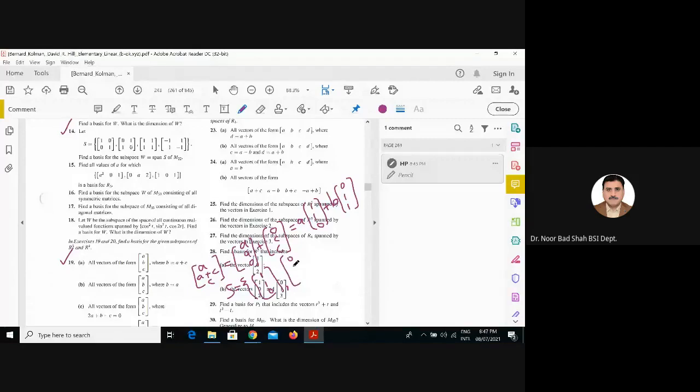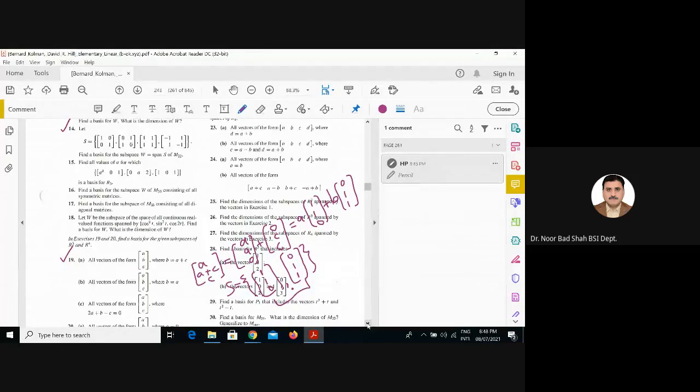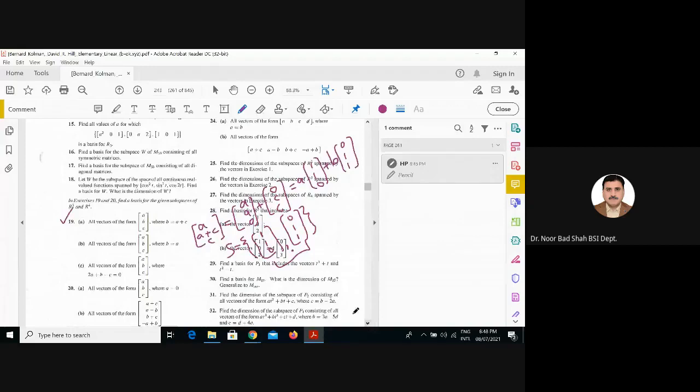Now you would check whether these vectors are dependent or independent, but you can see there are two vectors, and I told you that two vectors are dependent if they are multiple of each other. So do you see here 1, 1, 0 and 0, 1, 1, they are not multiple of each other. So these vectors are independent as well. You don't need to check them.